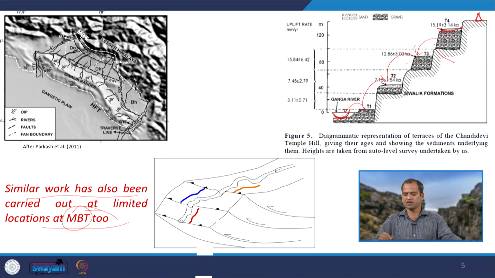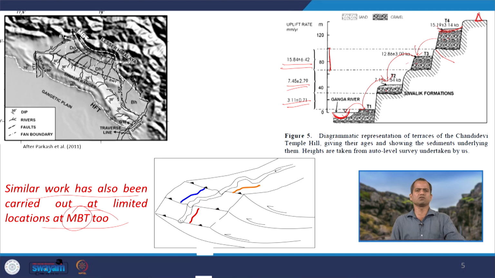And the height difference between these terraces and the age difference, that is, the dates are available. So, this age difference and height difference can be used to determine the upliftment in the region or along the MFT, or particularly the area of study.